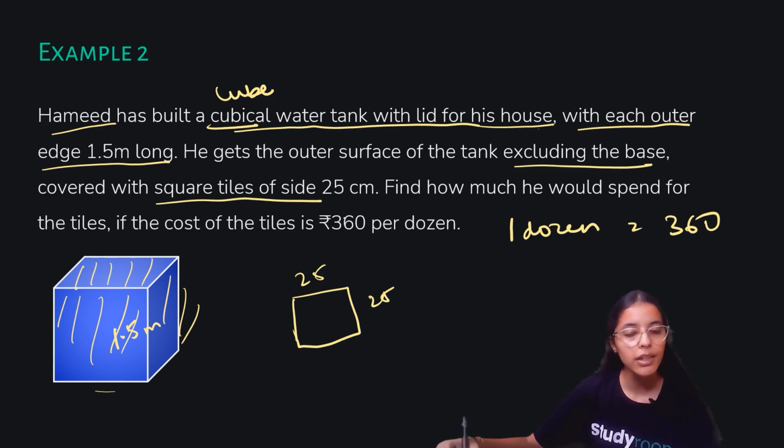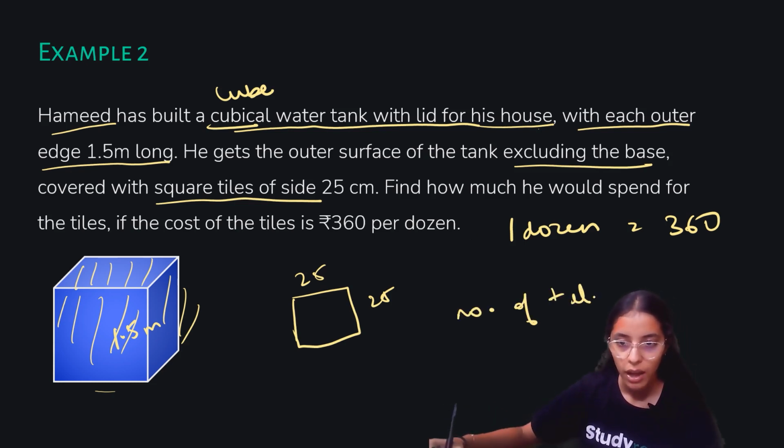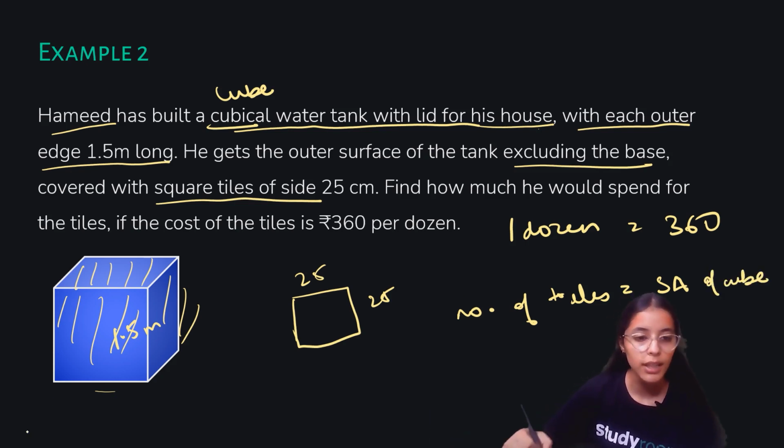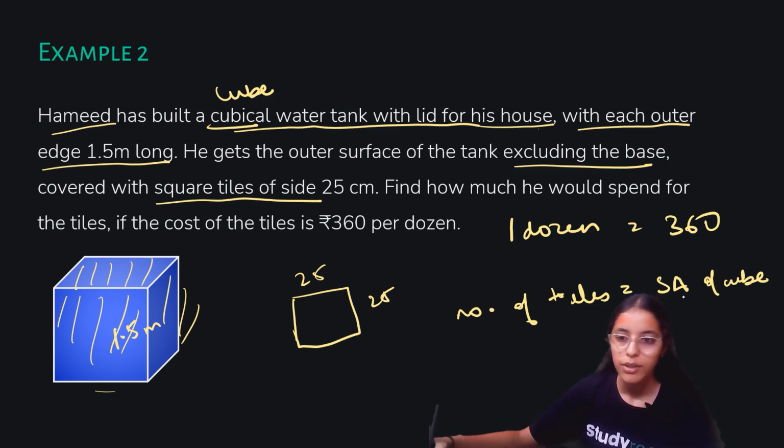In this aspect it is similar to the previous question. To find the number of tiles, we have to find the surface area of the cube, but it is not the complete surface area. We have to exclude the area of the base. So I'll write down the surface area of the covered part.